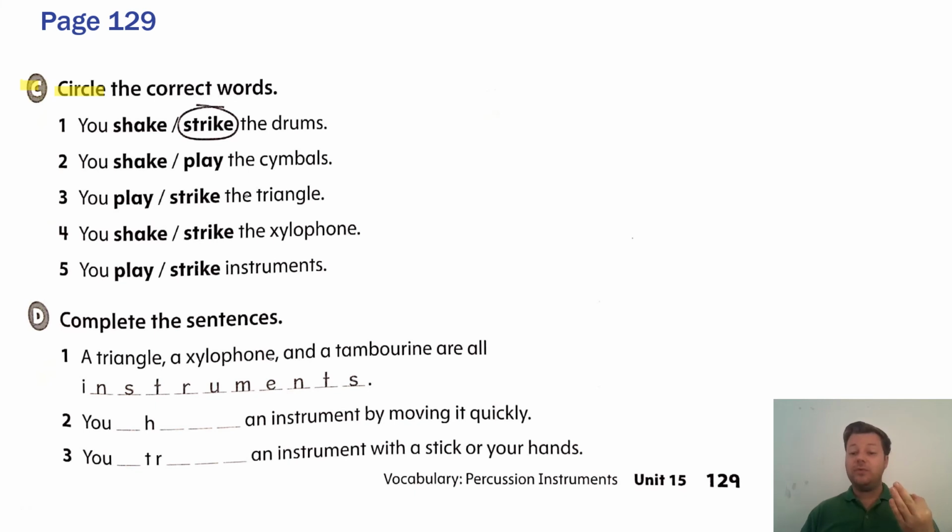These are all verbs. So we need to read the sentence carefully and circle our answer. So we need to circle shake or strike or play. Let's look at example number 1. Shake, strike. So let's read the sentence.